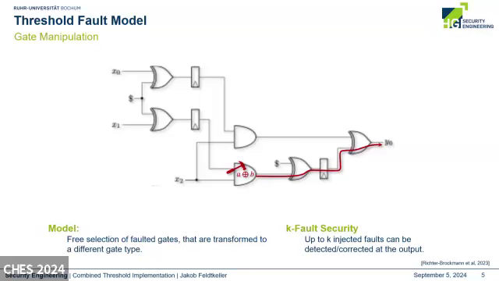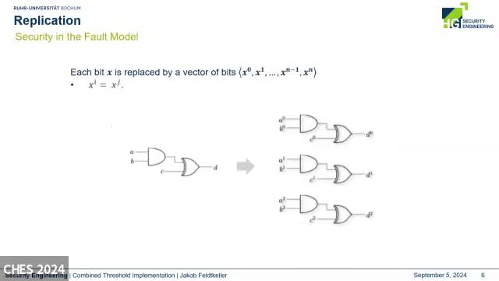And then we say that a circuit is k-fault secure if up to k faults can be detected or corrected at the output of the circuit. To be secure in this model, one way to do this is simple replication, right? Performing an operation not only once, but for example 3 times, to be able to correct one fault by a simple majority vote.